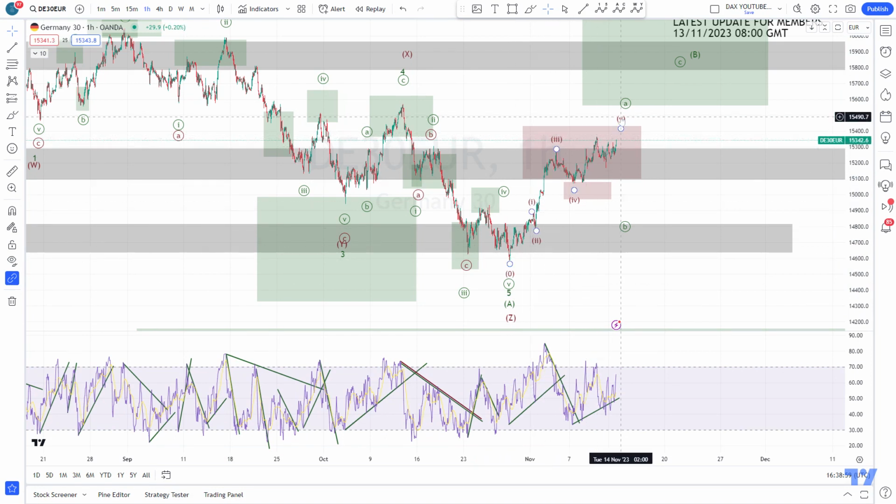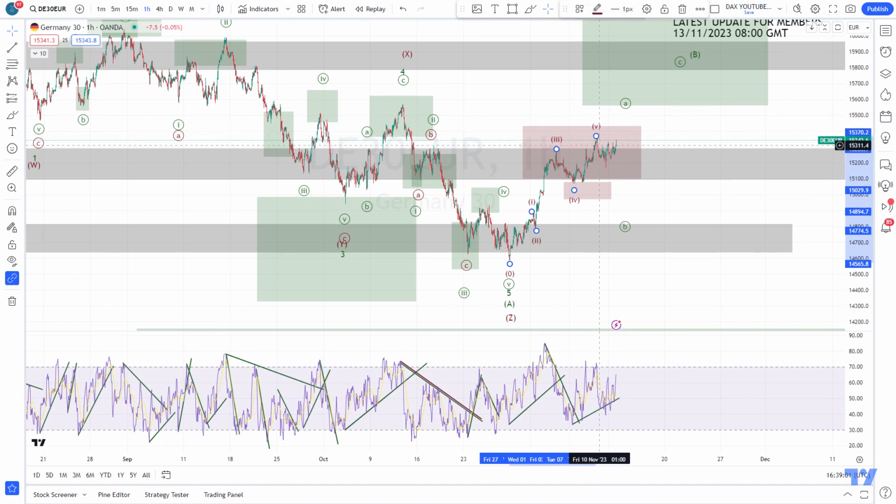For a moment, I believed that we were finished right here, but price action seems still quite strong, and it looks like we will take out the high right here.